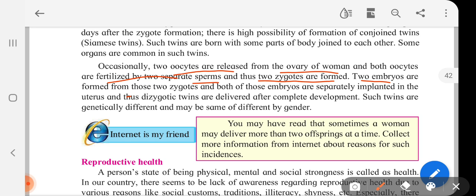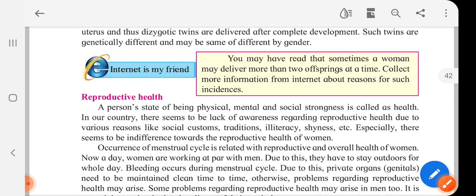Two embryos are formed from those two zygotes and both of these embryos are separately implanted in the uterus, and thus dizygotic twins are delivered after complete development. Such twins are genetically different and may be the same or different by gender.